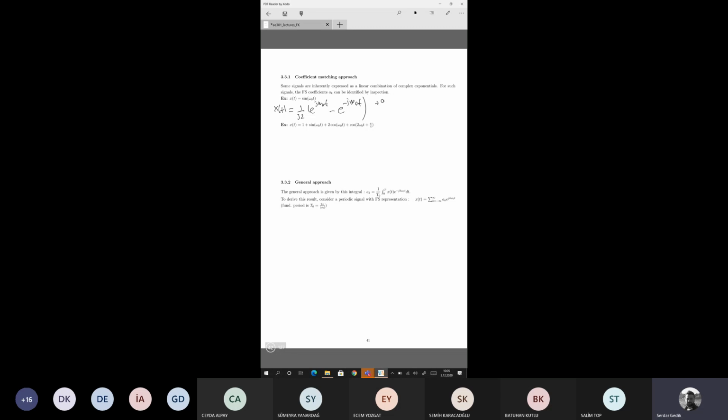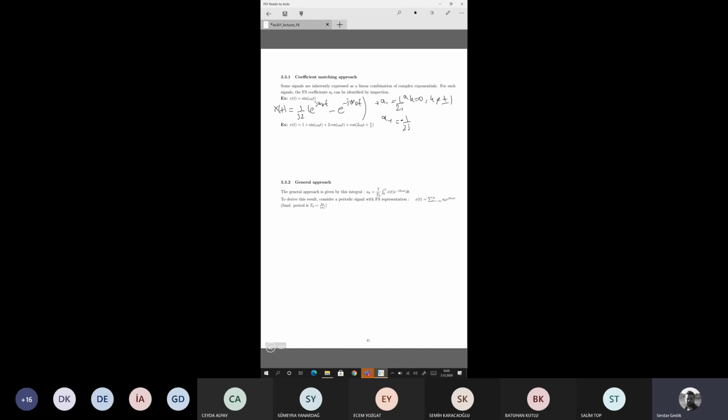And from this, I know that a1 is simply 1 over 2j. A minus 1 is minus 1 over 2j. And ak equals 0 for k not equal to plus minus 1. So these are my coefficients. Ak is 0 if k is not equal to plus minus 1. A1 is 1 over 2j.